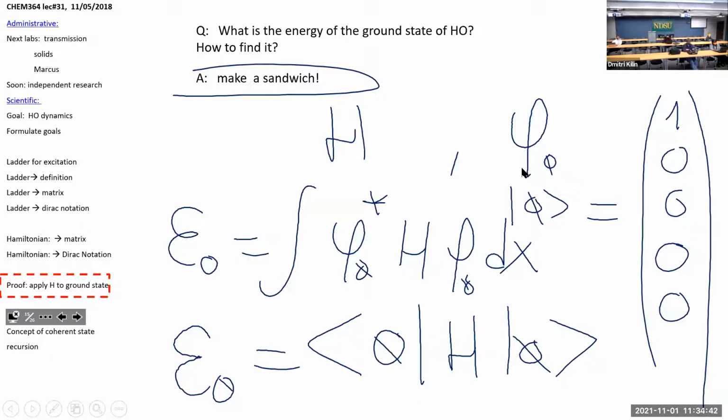If we are in the matrix representation, we need to have the vector of the state, which will be 1 and all zeros, column and row, then we need the matrix of this operator, and we need to do row by matrix by column. And if we are in Dirac notation, we can write Hamiltonian, bra for ground, ket for ground.